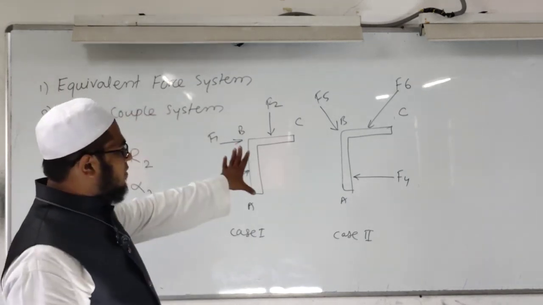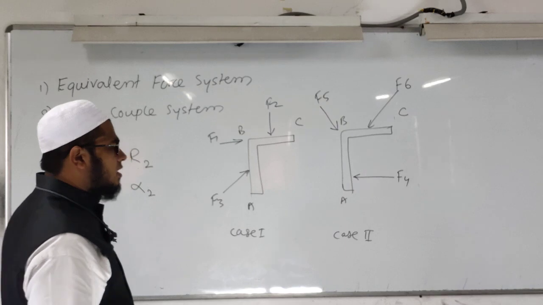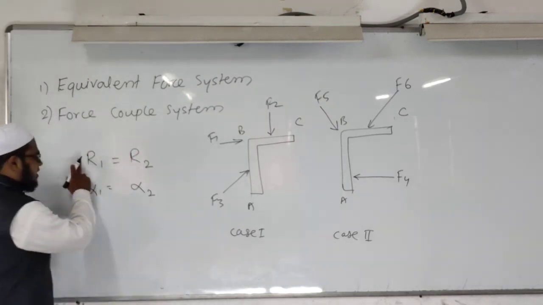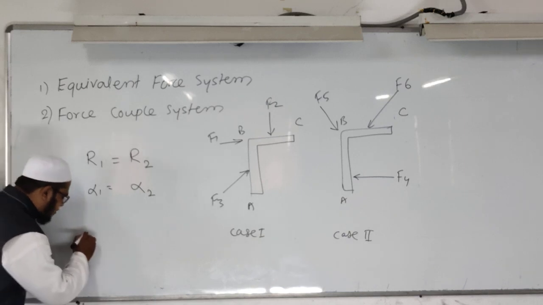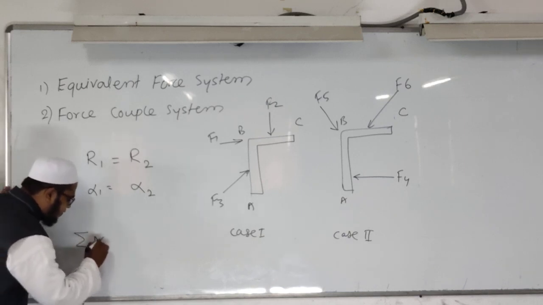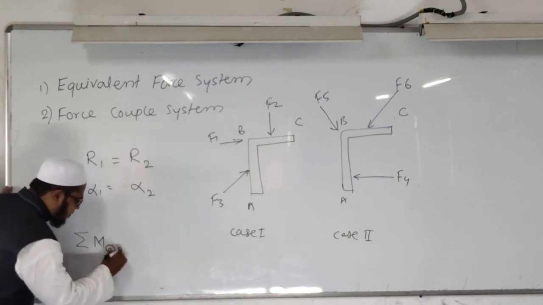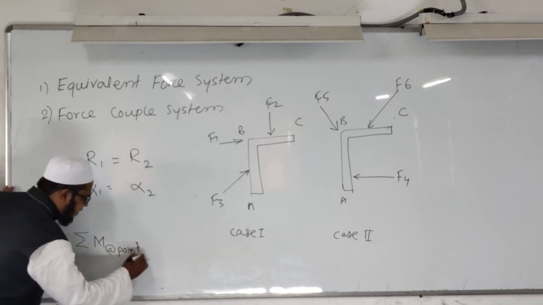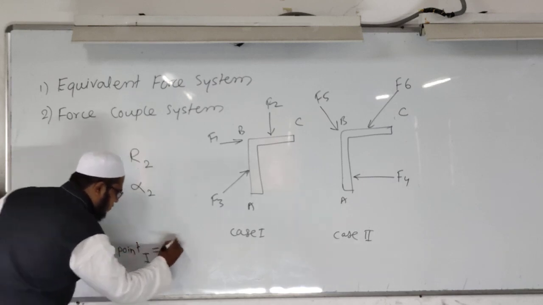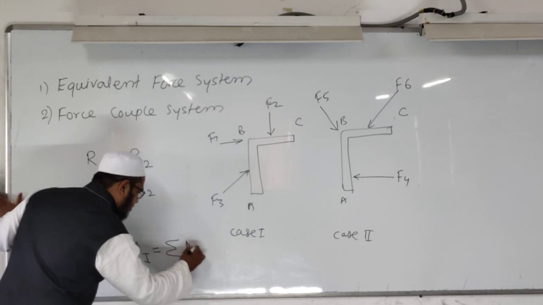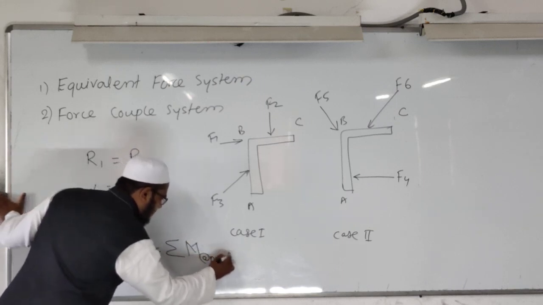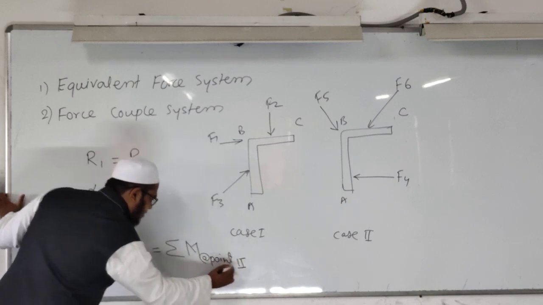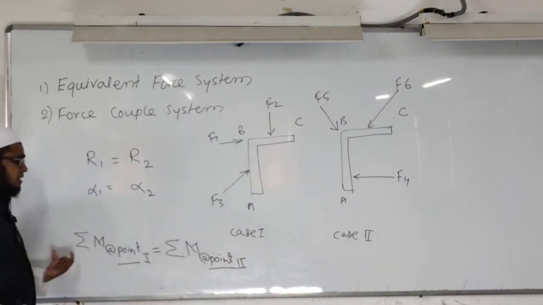But for a non-concurrent force system, along with R1 equal to R2, alpha 1 equal to alpha 2, we also have to consider that the summation of moment about a point in the first case should be equal to the summation of moment about the same point in the second. This moment center will be the same in both cases.